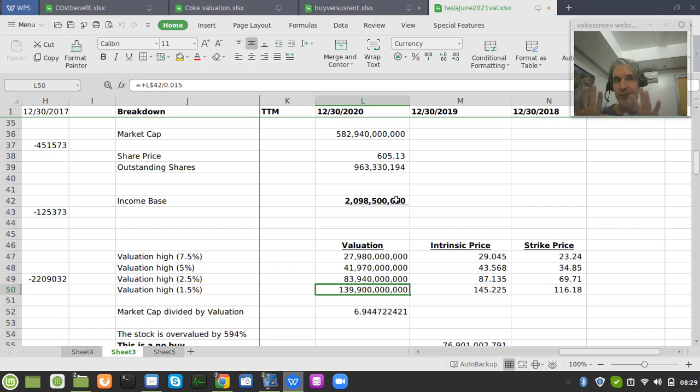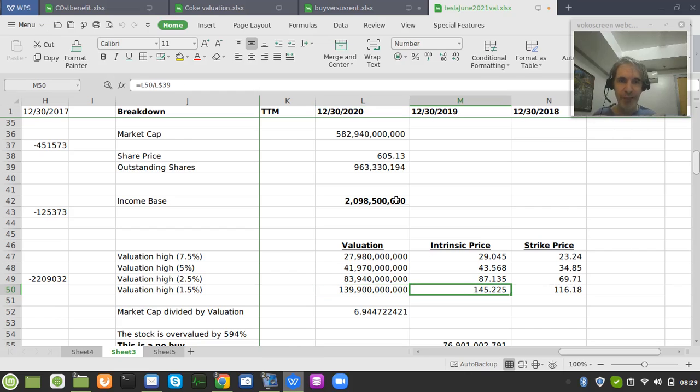I'm going to use the first judgment, 2.1 billion as the income level, and the next judgment I'm going to use is 1.5% as the IRR. And the reason I have such a low IRR is because it's justified by the growth rate. And remember, the growth was not stable growth. It kind of went one year high, one year low, one year high, one year low. So because of that, I'm not going to use 1%, I'm going to use 1.5%.